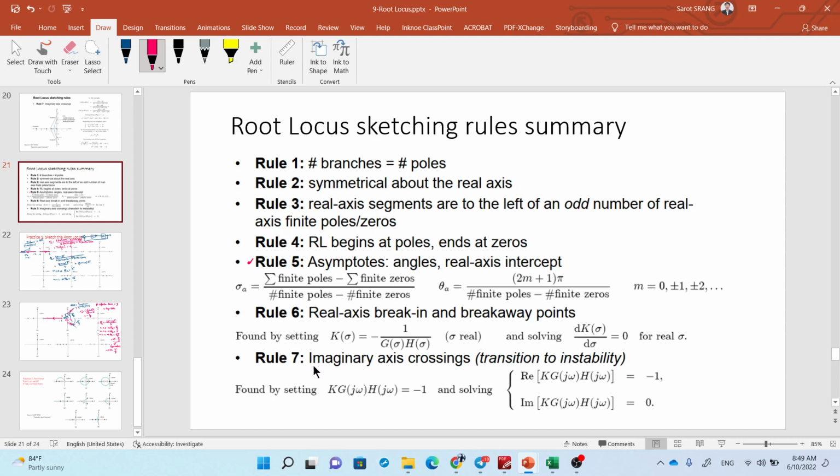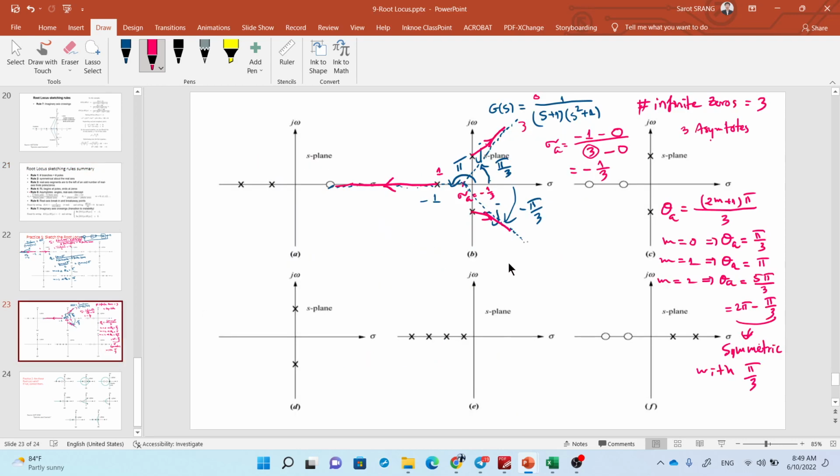Yeah, actually in this case there's no breakaway point. And the real axis intercept, yeah, we can find it, but we don't have to for now. Okay.